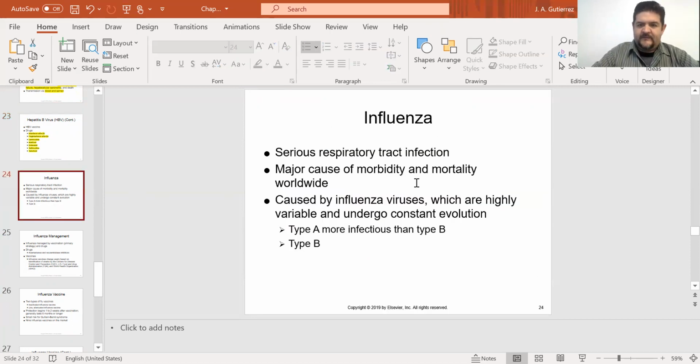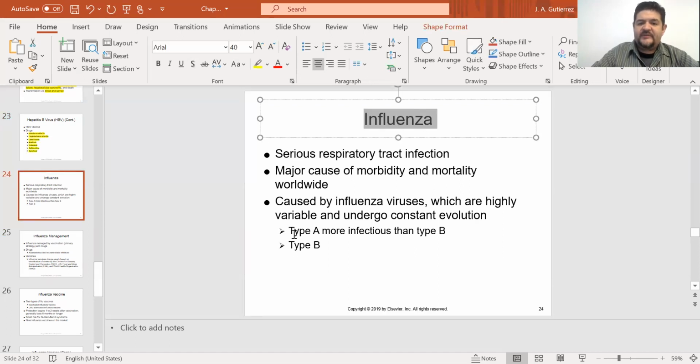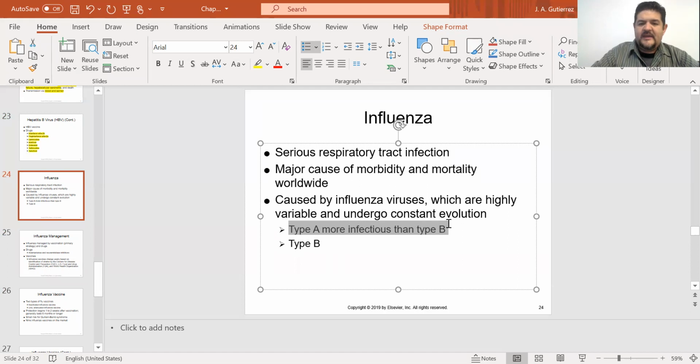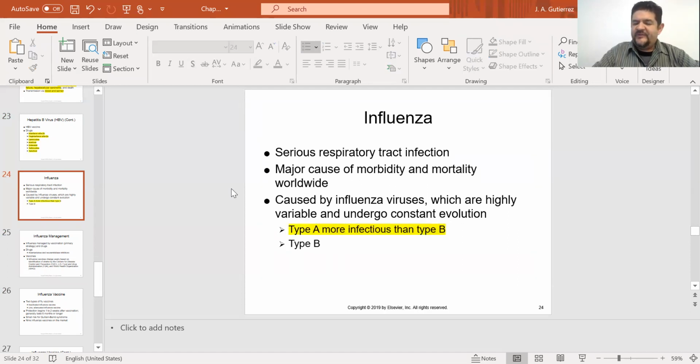The next viral disease is the influenza or the flu. There's two types, type A and type B. So you have two specific groups with subtypes. And the flu shot that we get each year depends on what type and subtype was more spread the year before, which one had more cases.